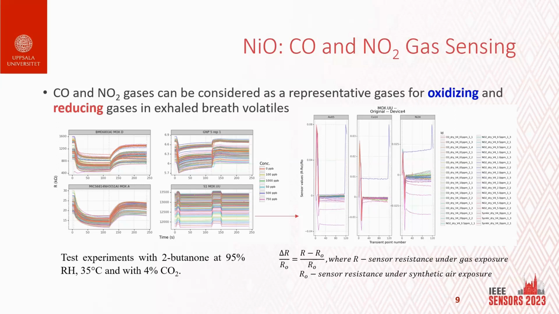The system was maintained at 35 degrees centigrade so that there would not be any humidity retained on the devices. We measured with different concentrations of CO and nitrogen dioxide. We chose these because NO2 is the most oxidizing gas and CO is one of the most reducing gases. We want to see how these two gases interact with the different nickel oxides.